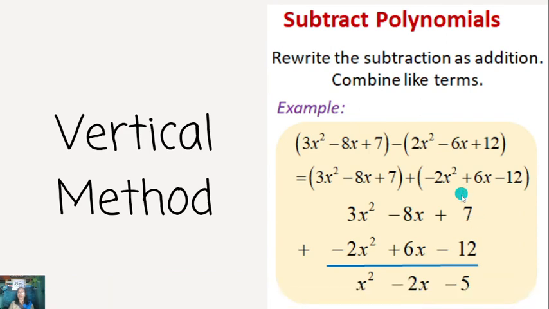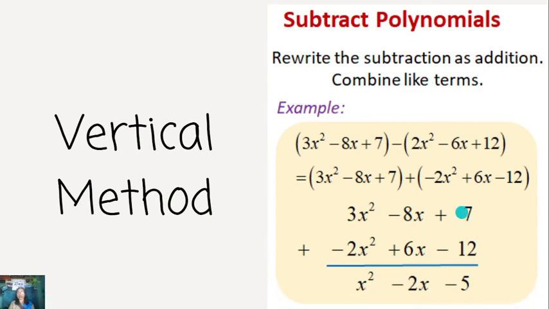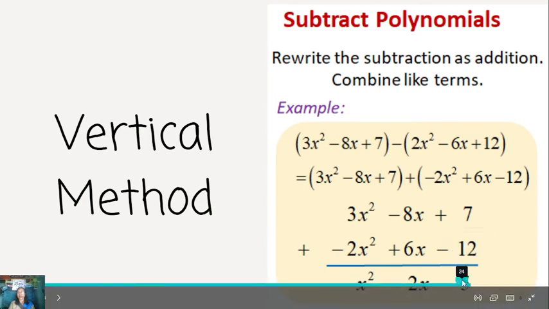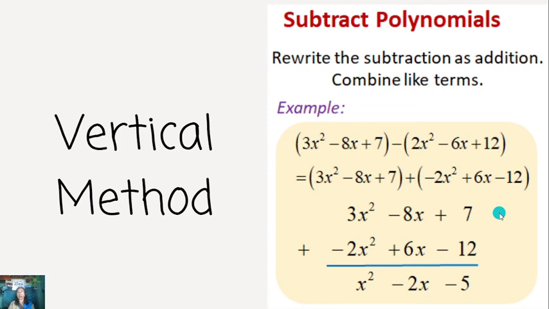Then you are now going to add. Adding means simply combining. Positive 7 and negative 12, what's the difference? Their difference is negative 5. You're not going to combine them directly because they are opposite; you have to see the difference between positive 7 and negative 12.